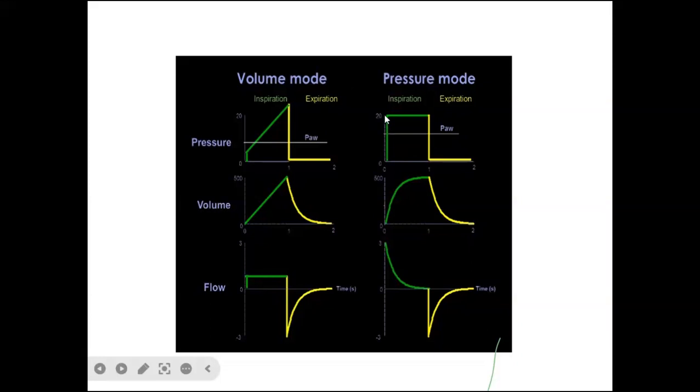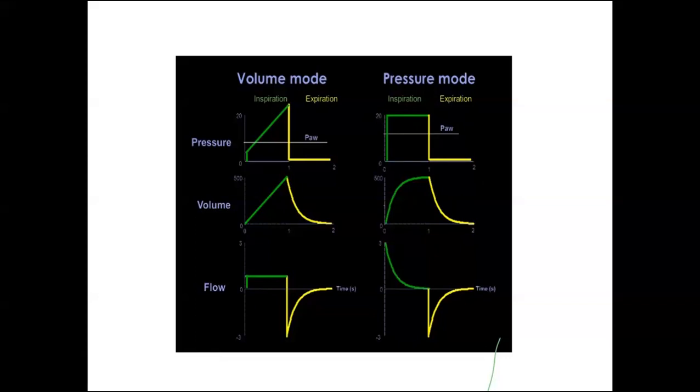In pressure control mode, pressure is constant, so you are controlling pressure. You can control pressure, but you cannot target volume here, because volume will change based on compliance.